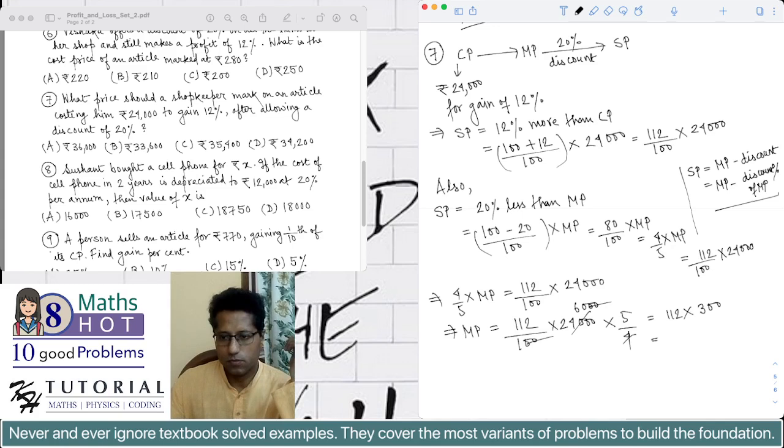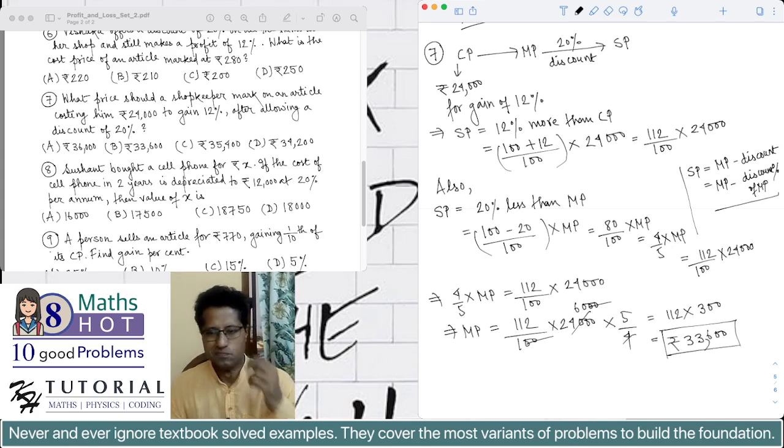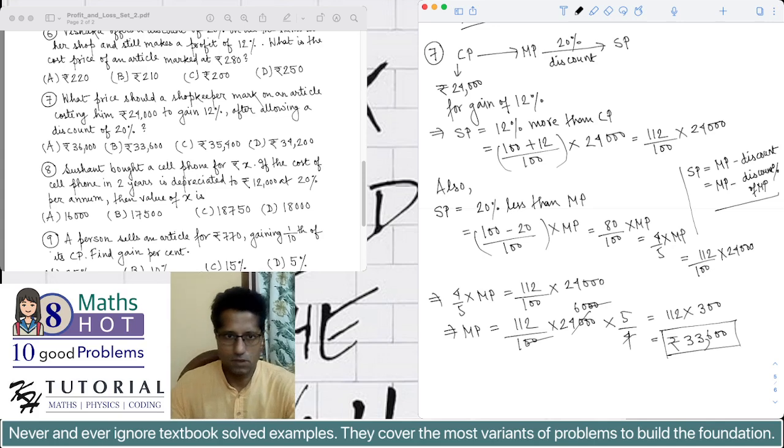This is equal to rupees 33,600. So rupees 33,600 is the mark price. Therefore, the correct choice is B.